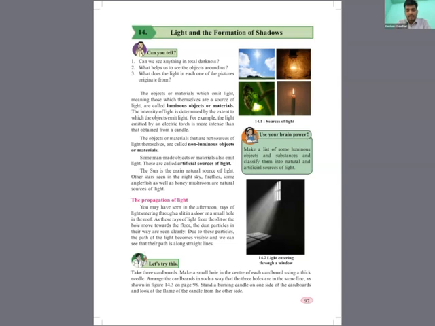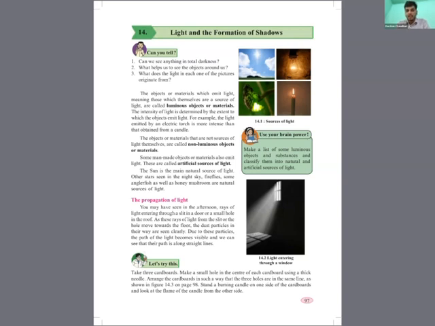These objects emit energy that helps us to see them even in the dark. For example, candle, torch, sun, bulb, etc.